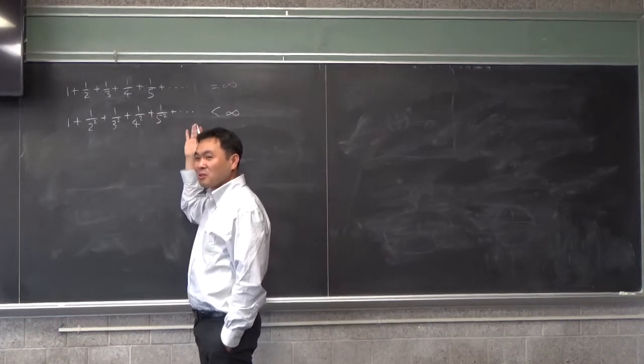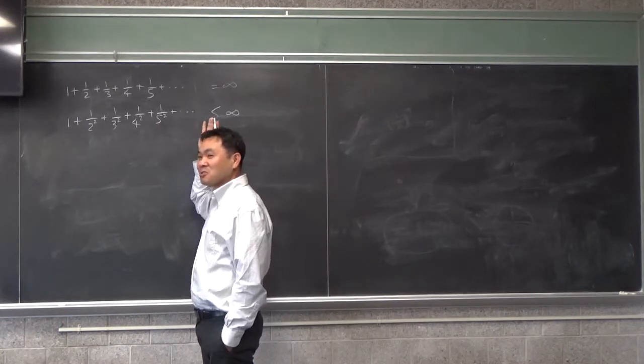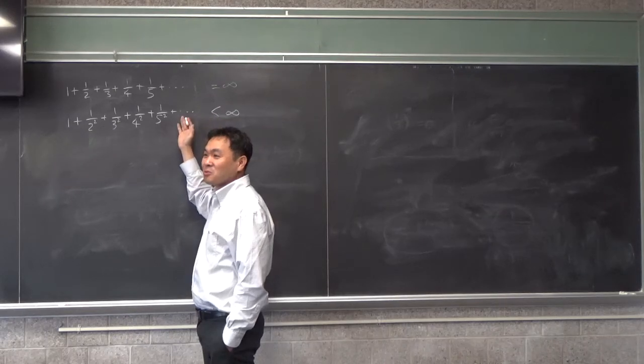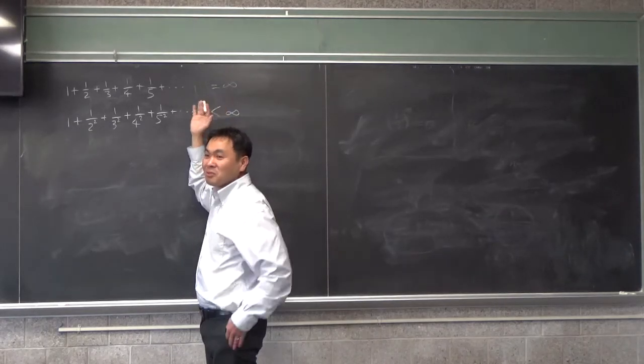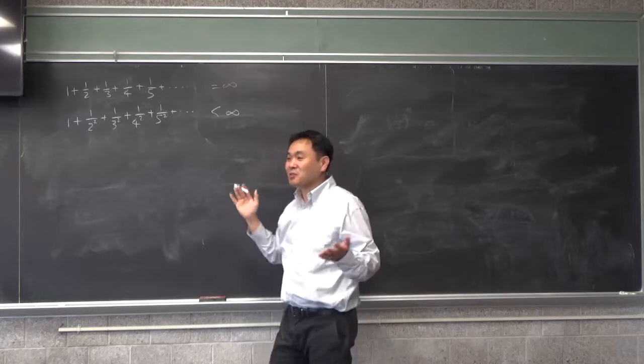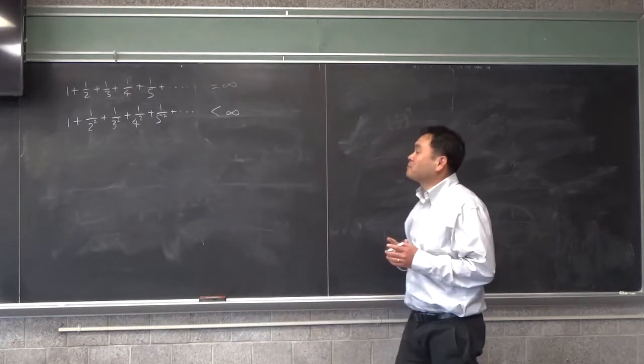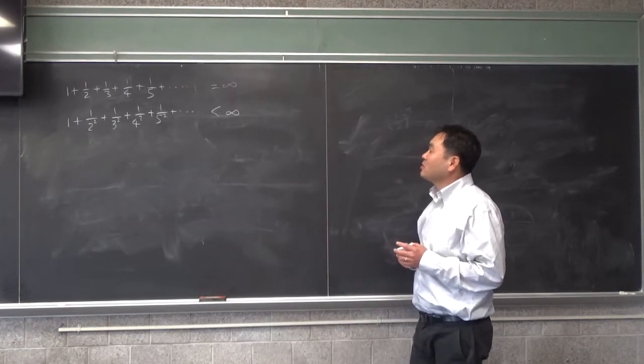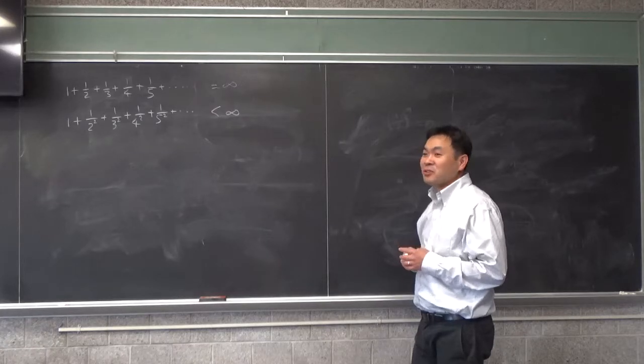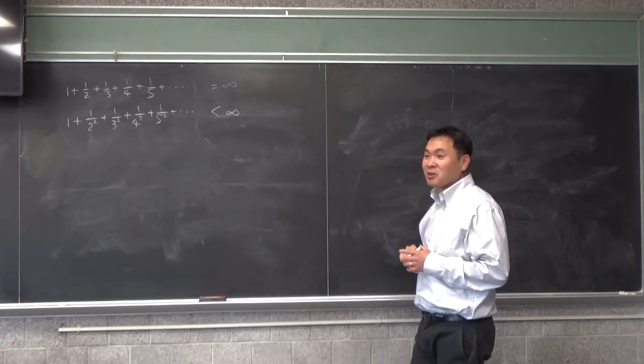Because what if you add a billion or trillion terms, this will give you some much bigger number. What if that happens, right? So that's actually a big issue when it comes to approximating the value.